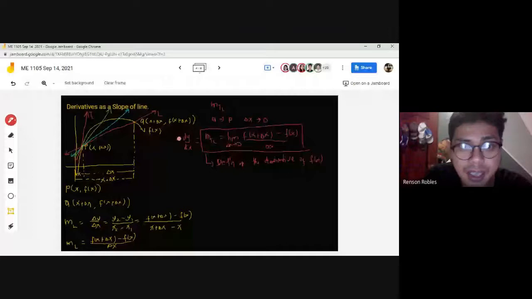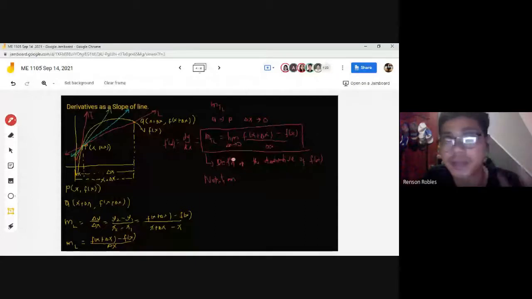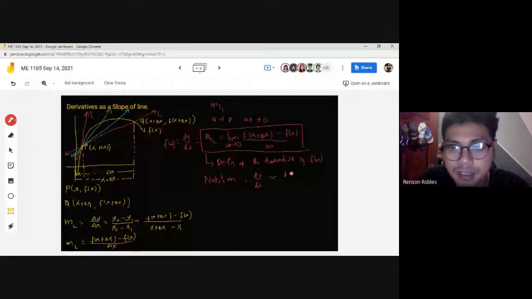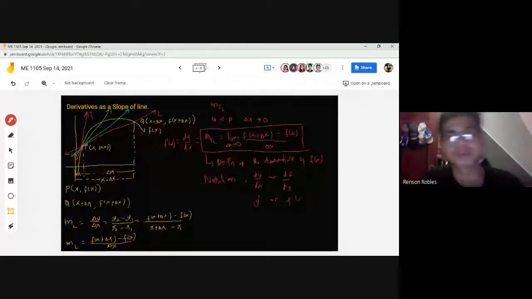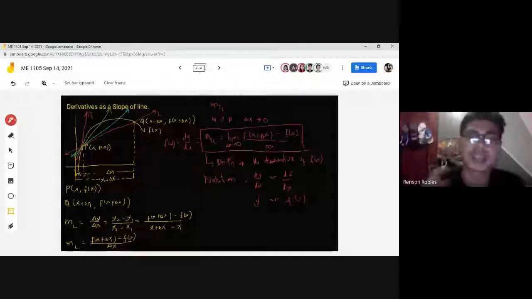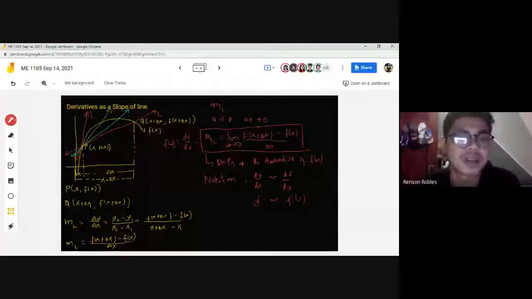This is the notation used. If you want to use the Leibniz notation, you use dy dx or df dx. If you want to use Newton's notation, you use y prime or f prime of x. So this is the definition of the slope of the tangent line and the definition of the derivative of f of x. Join me on frame number 5.